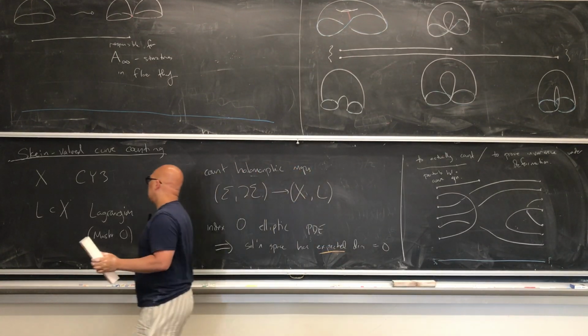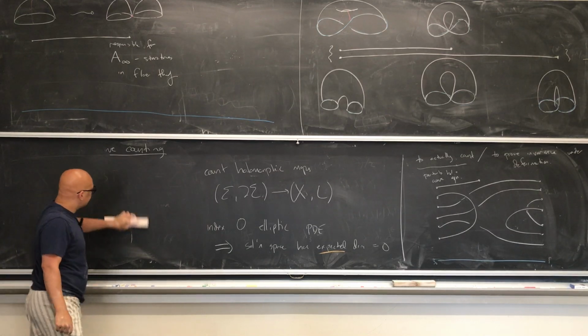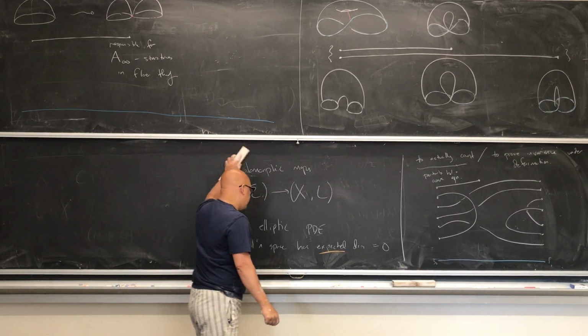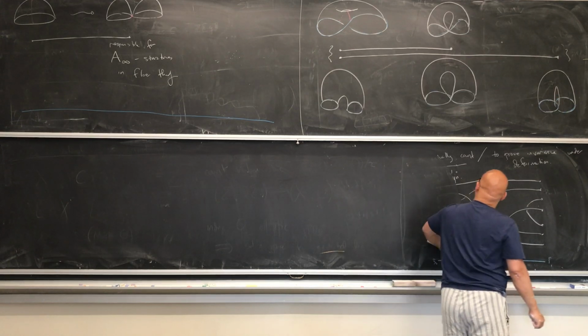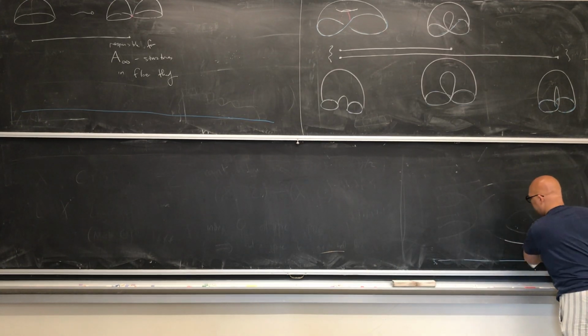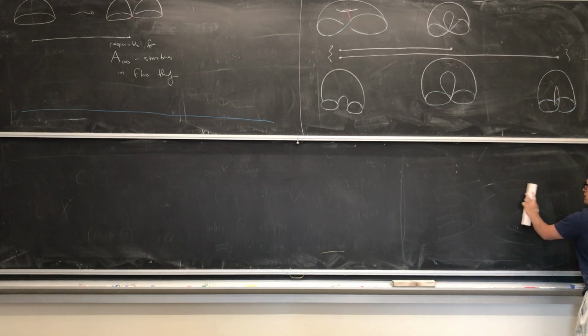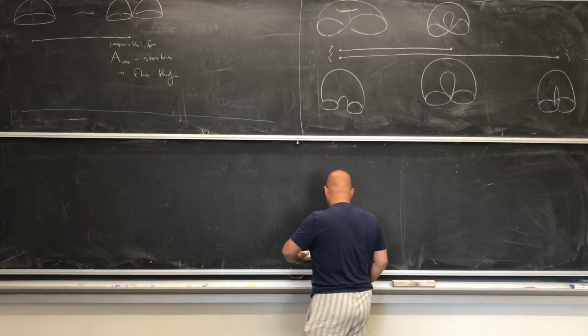Of course, declaring 2 equals 1 is a great violence. It sets 1 equals 0, and that would mean that the place you're counting in is the 0 ring, and your count means nothing at all. So we have to do something slightly more subtle than that.